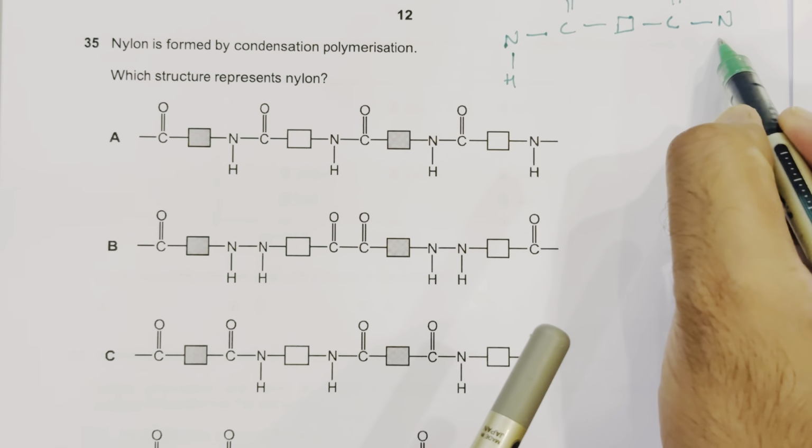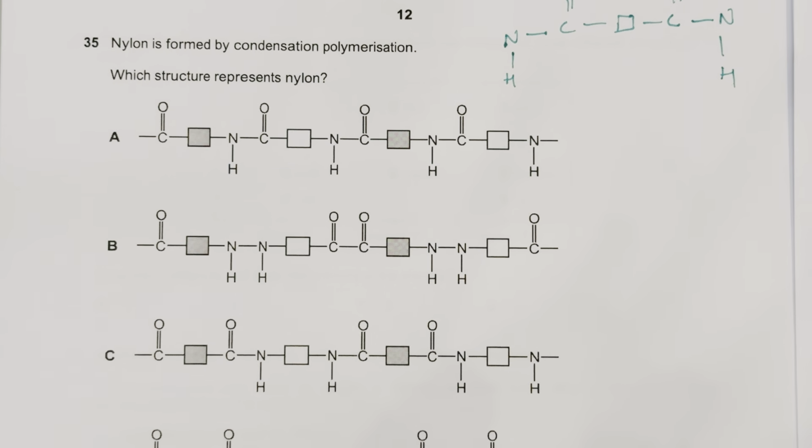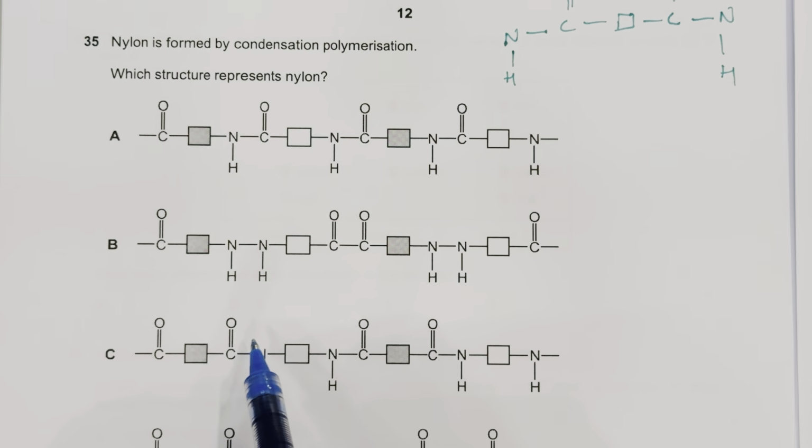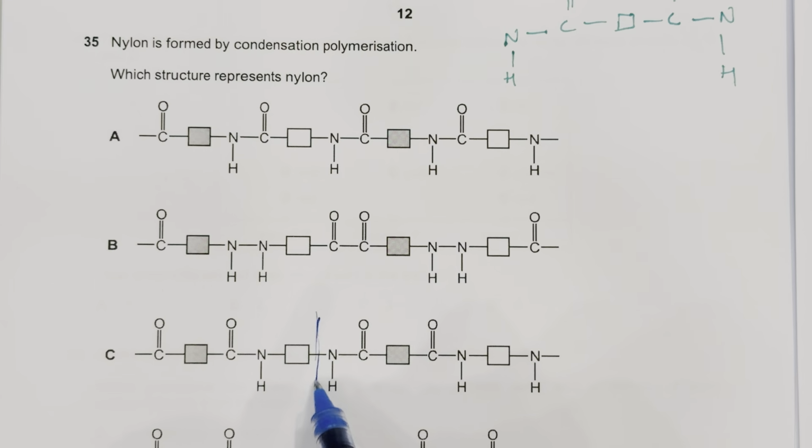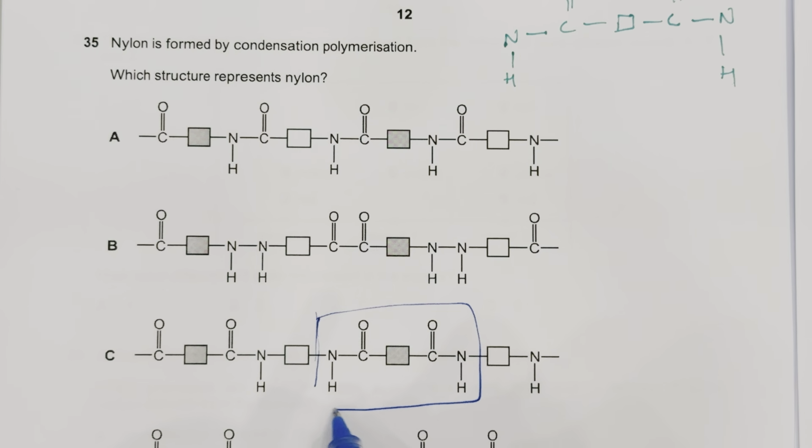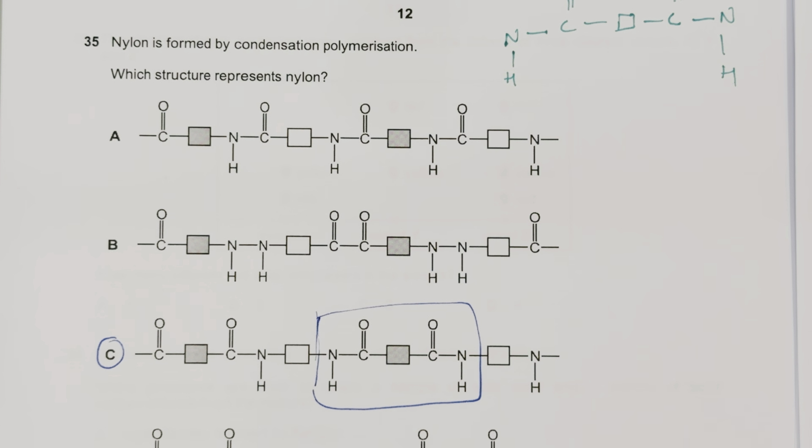So this would be the repeating unit. So checking from the above equation, we know that this bond is showing over here, this COO and NH, or you can say that this bond is over here. So option number C is the correct option over here.